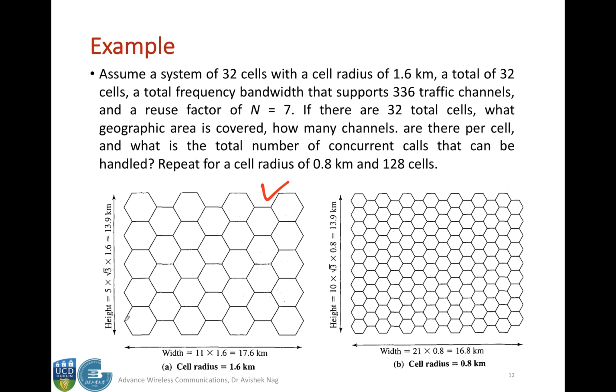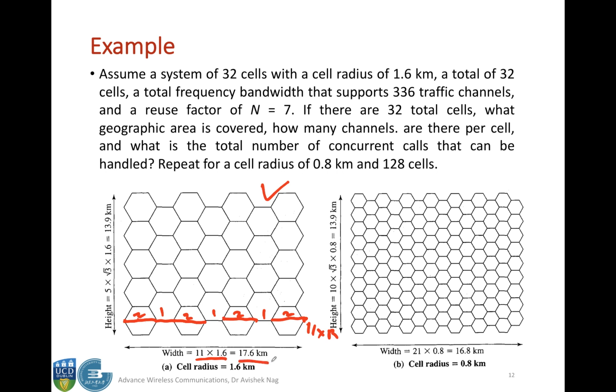So if you look from this side, this end-to-end distance is about 11 times 1.6, because if the radius is 1.6, then this distance is twice 1.6, and then this part is just 1.6. Again you have twice 1.6, so 2 plus 1 plus 2 plus 1, again you have 2, then 1, and then again you have 2. So if you add this, then you will get 11 times the radius r, so that is the width.